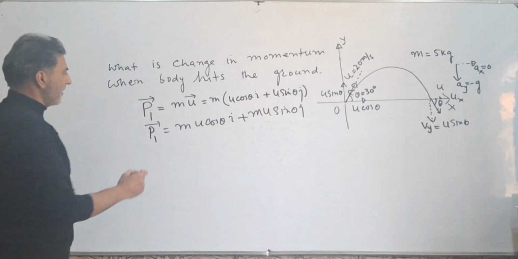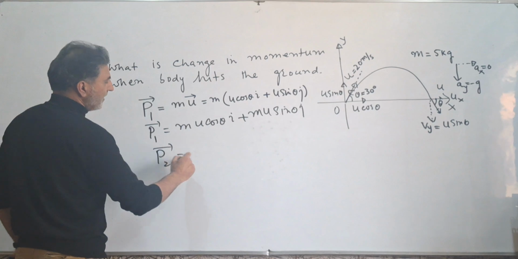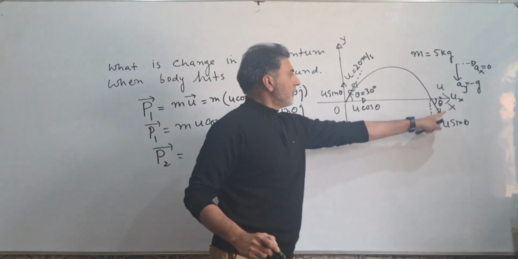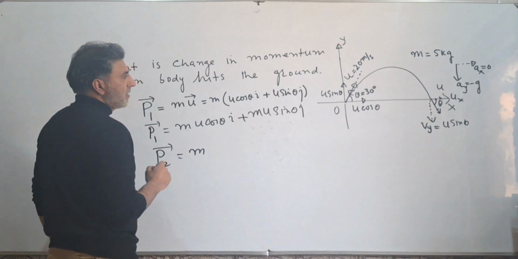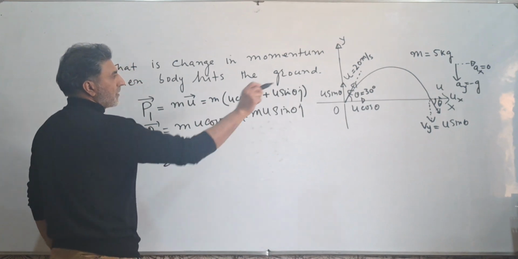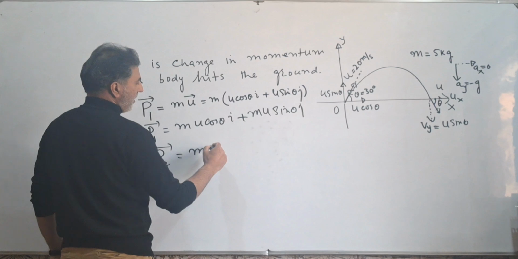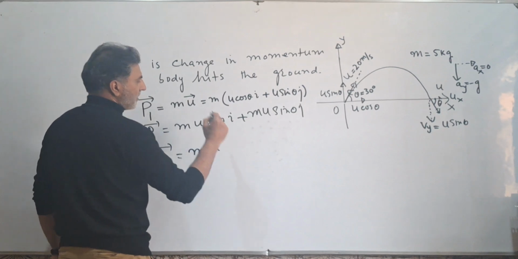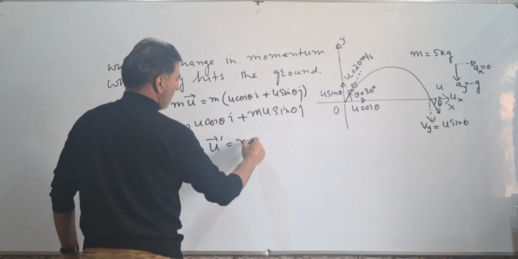What is the final momentum? P2. When it hits the ground, it will be, okay, u vector dash कर दो इसको. So it will be m.